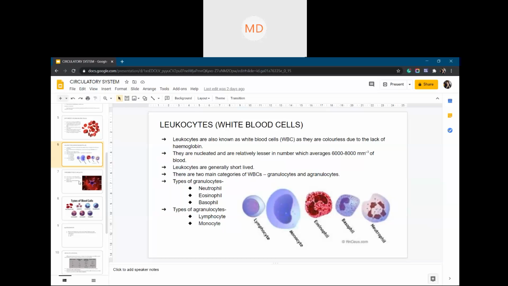I'm having a problem even shifting to the next slide. Why is it happening? Probably my laptop is under update.